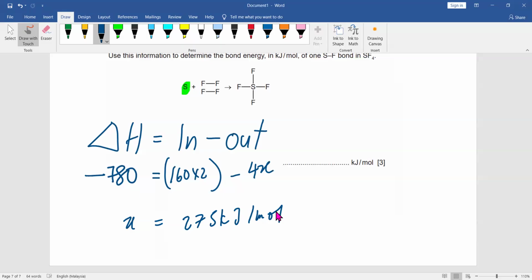Yes. Correct. You just solve the algebra equation. You just find X. Please go back and study this.